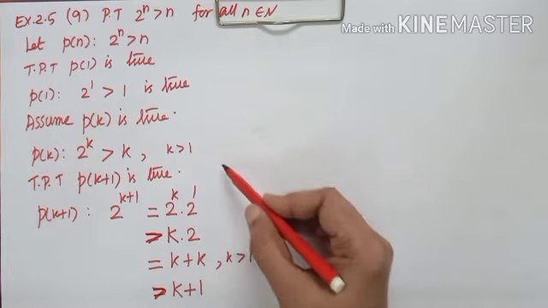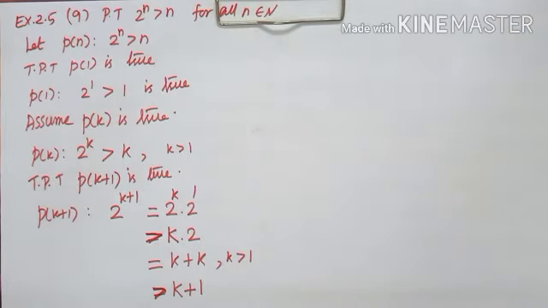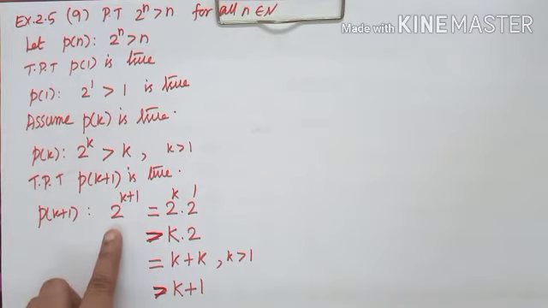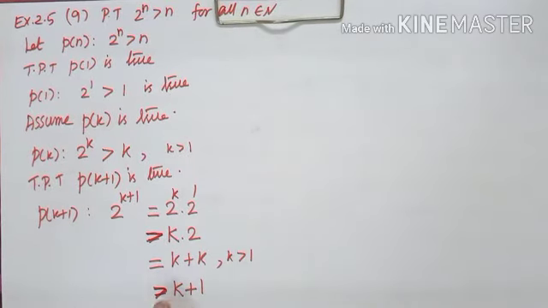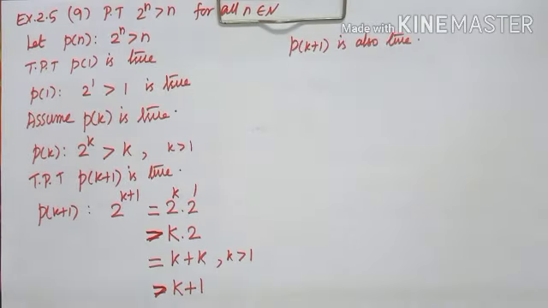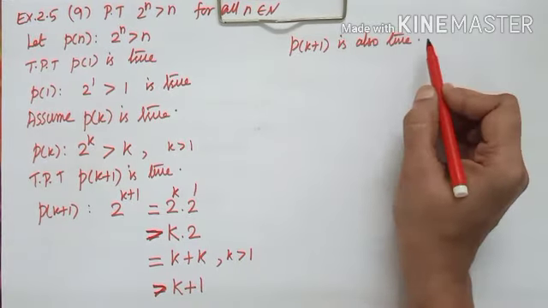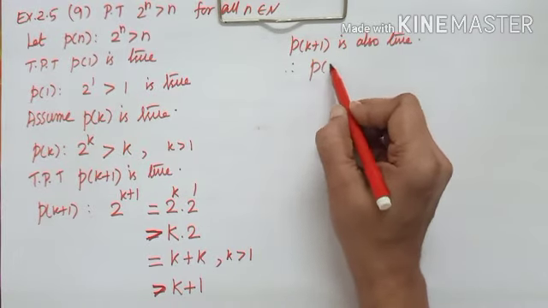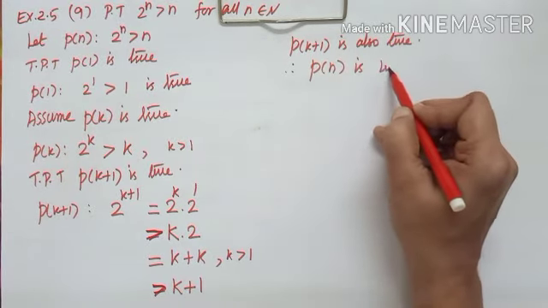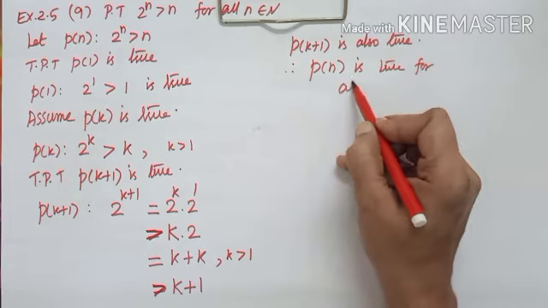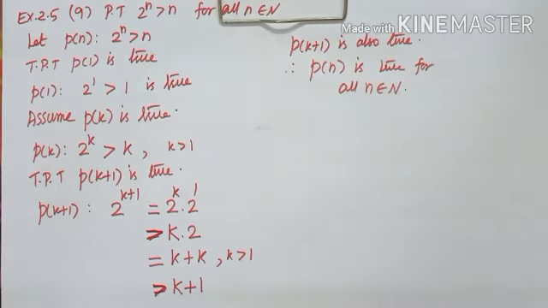The other k I can use this idea, greater than 1. So we started with 2 power k plus 1, and ended with greater than k plus 1. So I am able to show P of k plus 1 is also true. Therefore, P of n is true for all n belonging to capital N.